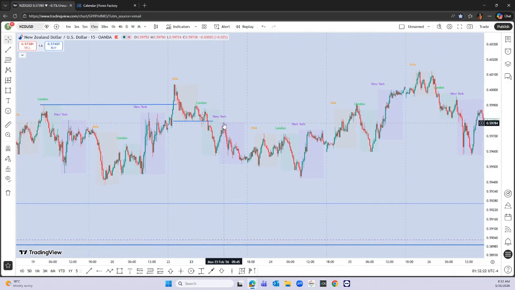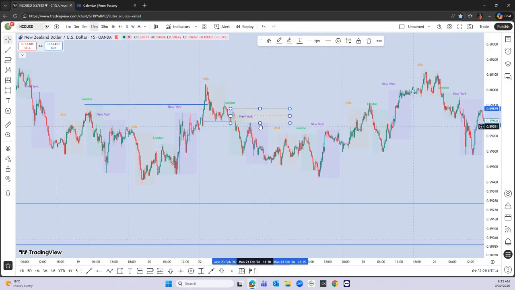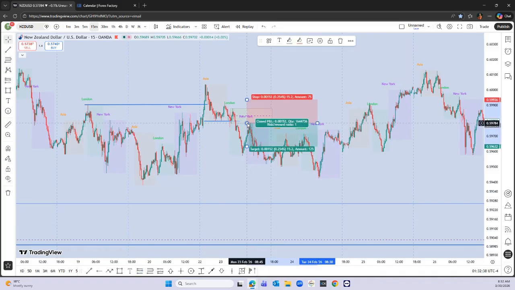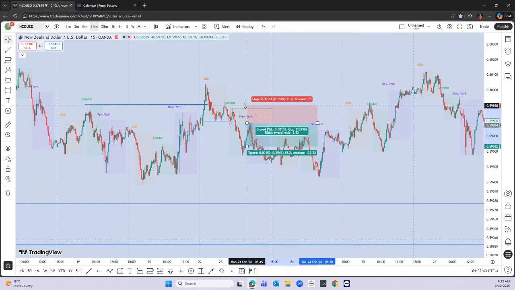And you can see where the market retraces to: it comes to this particular level where we have those order blocks. So this one, I could have taken this particular trade, and this is how my setup could have been. My stop loss is there, and I'm targeting probably these lows there.